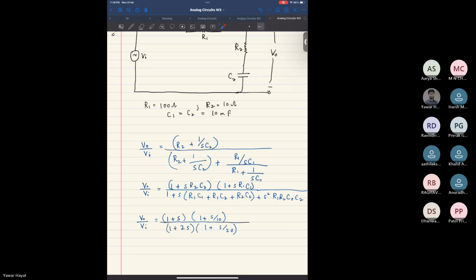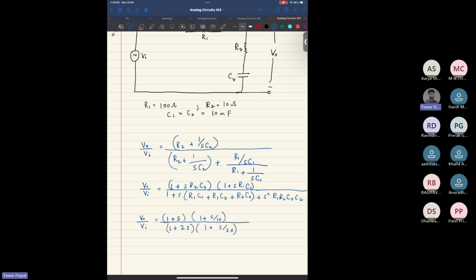Okay, sir. And if someone would ask you what this S represents, you can answer him that this represents complex frequencies, S plane in general, right?